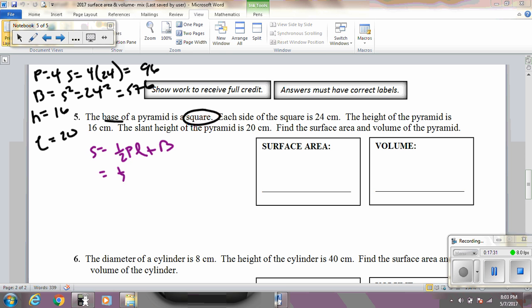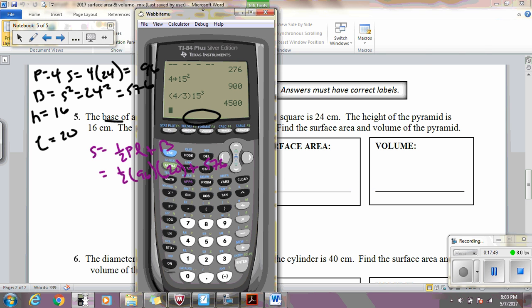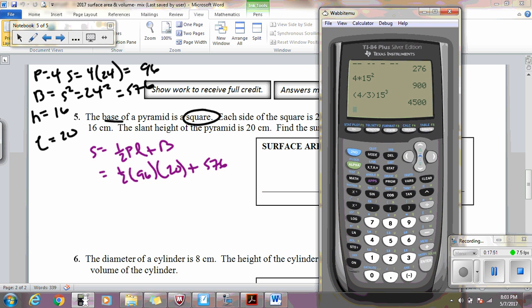So that's 1/2 times 96, slant height is 20, plus my base area, which is 576. Again, I gotta double check that. It's 24 squared.